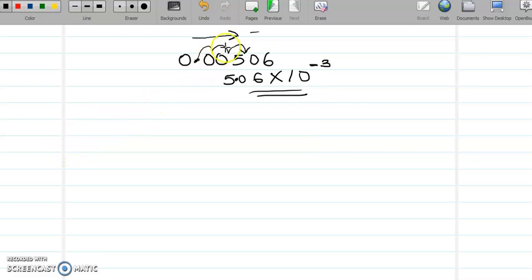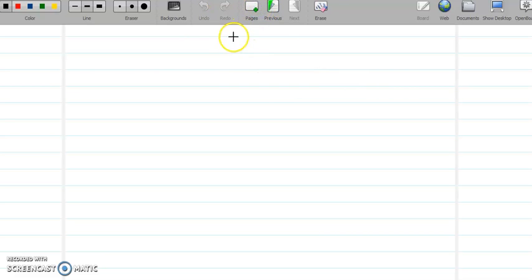Okay, now let's look at how to convert a number from standard form to what? To an ordinary number. For us to convert a number from standard form to an ordinary number, if I have something like 3.45 times 10 raised to power 5. It's already in standard form.